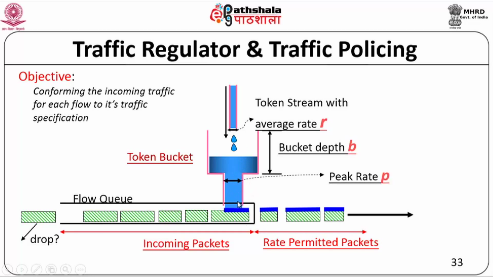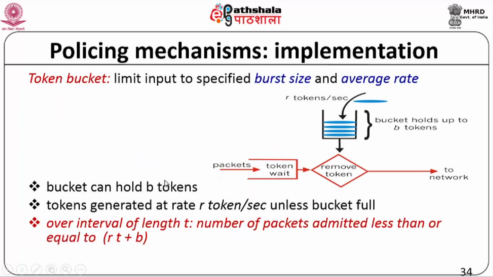So the token bucket mechanism allows sending a burst of packets, provided you maintain your average rate within the stated limit. This is one of the algorithms used for this purpose. You limit the input to the specified burst size and average rate. That is the goal of the token bucket algorithm.